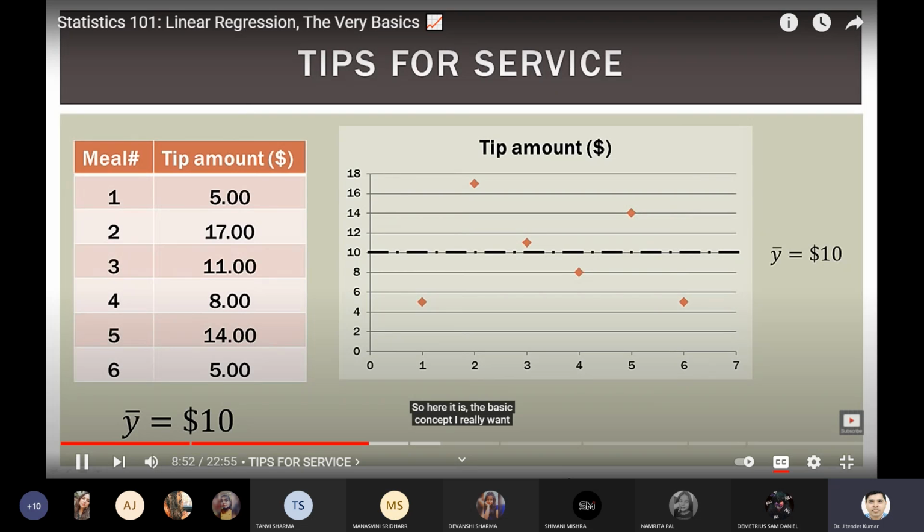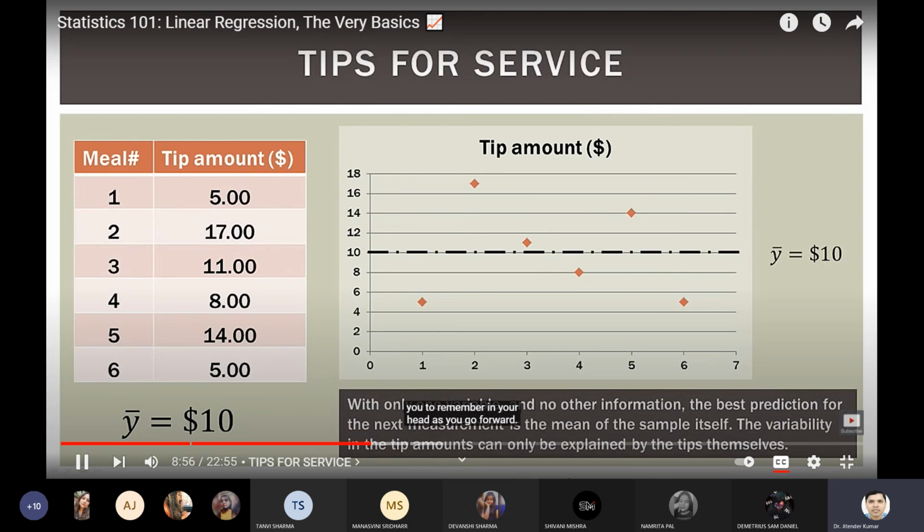So here is the basic concept that I really want you to remember in your head as you go forward. Now, obviously, simple linear regression is about 2 variables, but we're starting off here because this is where it all begins. With only one variable and no other information, the best prediction for the next measurement is the mean of the sample itself.